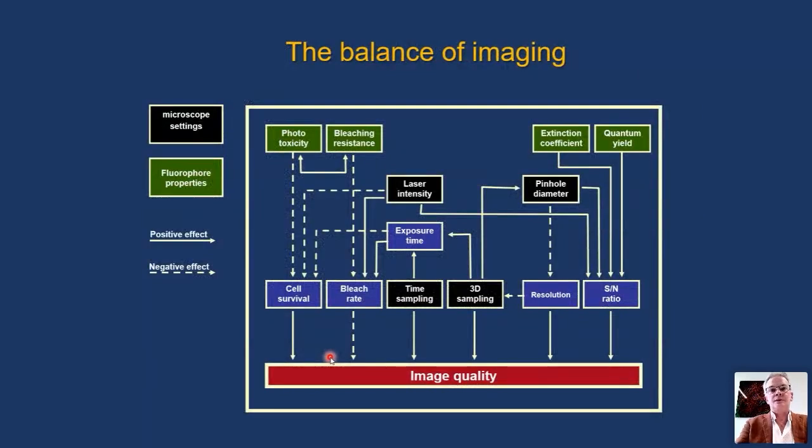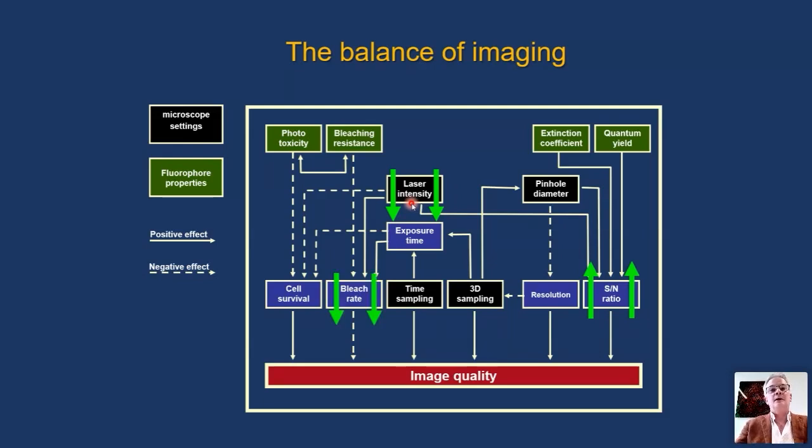So when we go back to this balance of imaging slide, in rescan confocal microscopy, the signal-to-noise ratio is higher. So according to this line, I can go lower with the laser intensity to compensate. I accept a little bit more noise, so I reduce the laser.